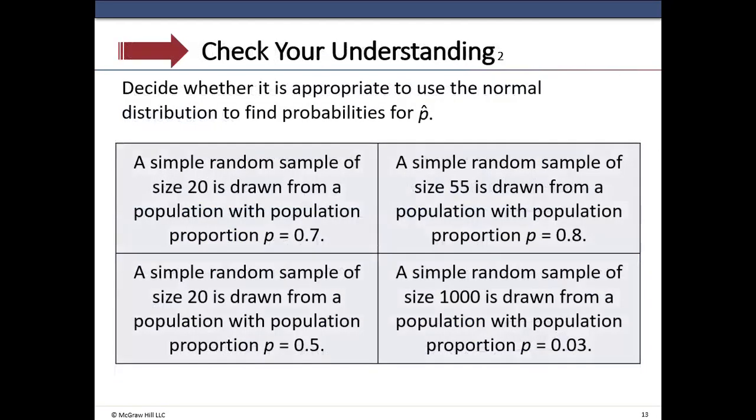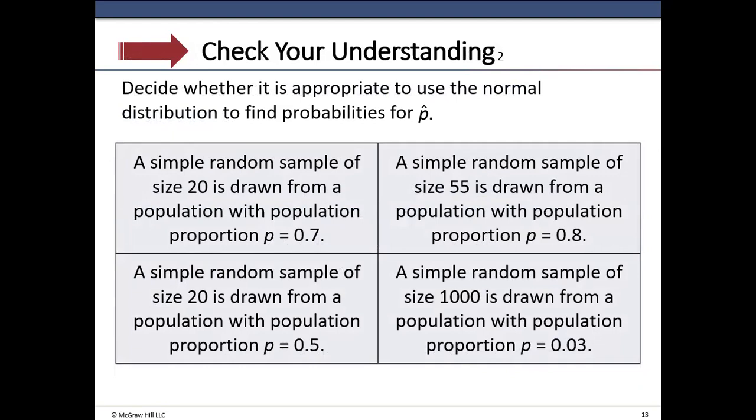Check your understanding. Decide whether it is appropriate to use a normal distribution to find the probabilities for p hat. A simple random sample of size 20 is drawn from a population with population proportion 0.7. So 20 times 0.7, which is the number of successes, is 14.